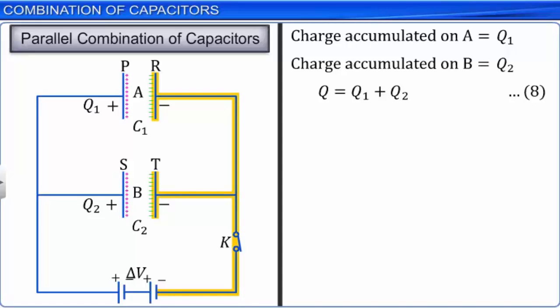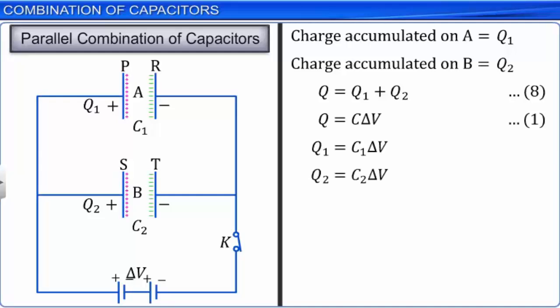Hence, the potential differences across the capacitors connected in parallel are the same and is equal to the potential difference applied across the combination. Following equation 1, we have Q1 is equal to C1 delta V and Q2 is equal to C2 delta V. Let these be equations 9 and 10 respectively.